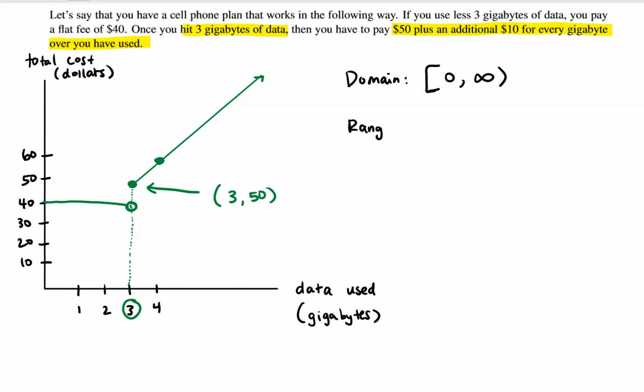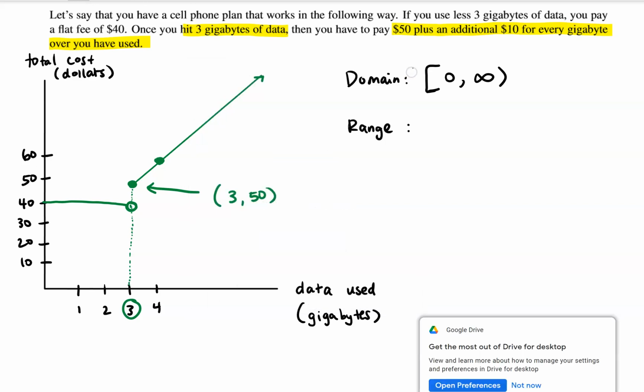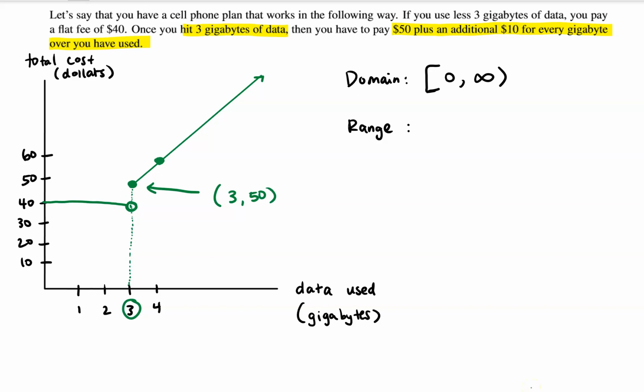Our range is a little bit strange because we're looking at the y values that are being utilized. And if you look at the y values that are being utilized, $40 is being utilized here, but then nothing between 40 and 50 is being used, and then 50 and 60 and everything above that, because our graph is going upwards.